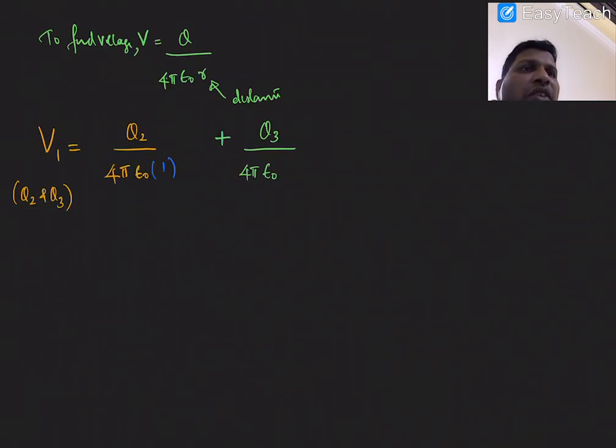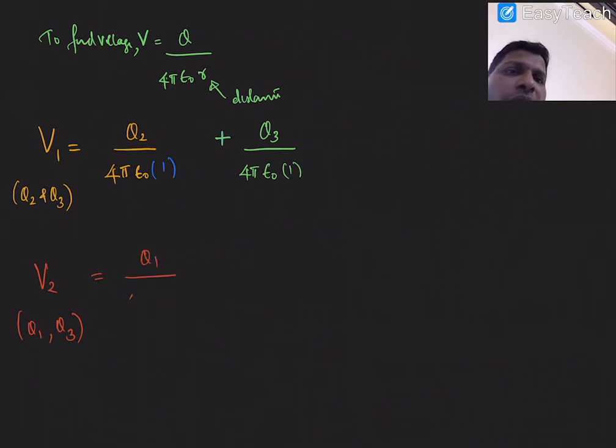Similarly, we can find V2 also, but V2 is due to the other charges, Q1 and Q3. So this becomes Q1 divided by 4 pi epsilon 0.